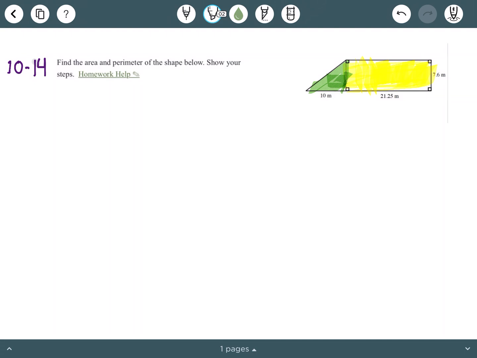So we've got our two different shapes and we know how to find the area of a rectangle and a triangle. So all we have to do is find the area of that rectangle, find the area of the triangle, and then add them together.